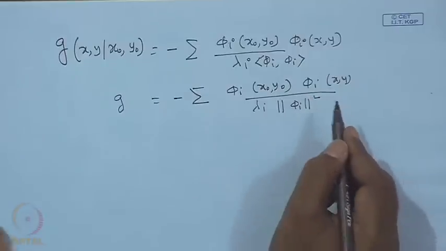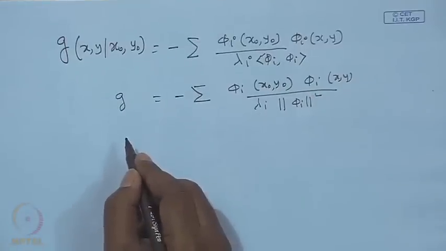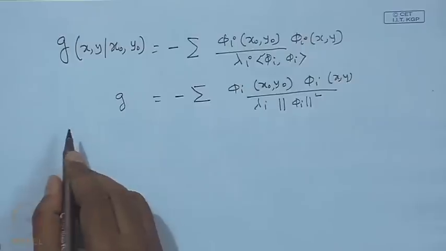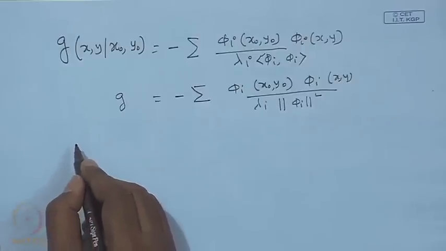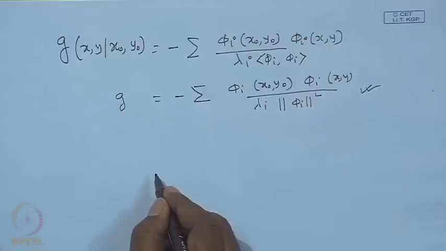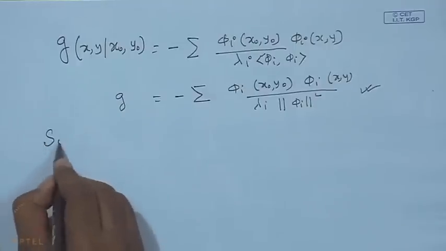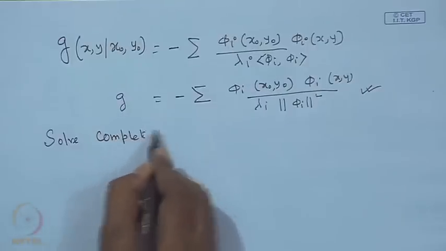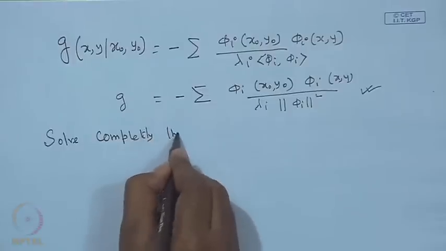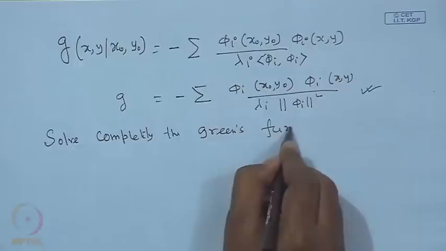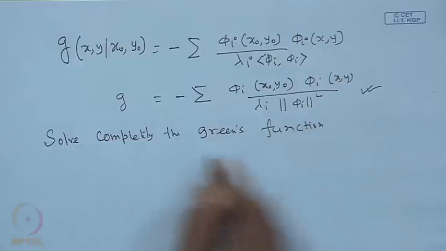Okay. Now, let us consider the Green's function method, with the equivalent eigenvalue problem. We have defined the theory for the expression of Green's function. Now, for this particular problem, let us obtain the expression of Green's function completely.